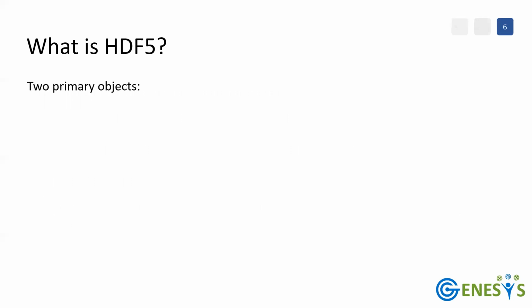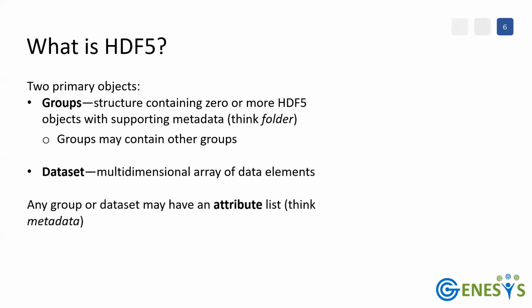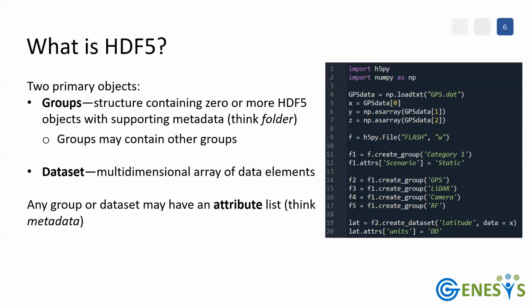HDF5 contains two primary objects, one being groups. So think of a group as a folder. It's a structure containing 0 or more HDF5 objects, and groups may contain other groups. And of course, it can contain a data set, which is represented as an array of data elements. Any group or data set within HDF5 may have an attribute list, and this is where the metadata comes into play. So for example, if I were to implement HDF5 in Python, here is a sample implementation of the Flash data set.